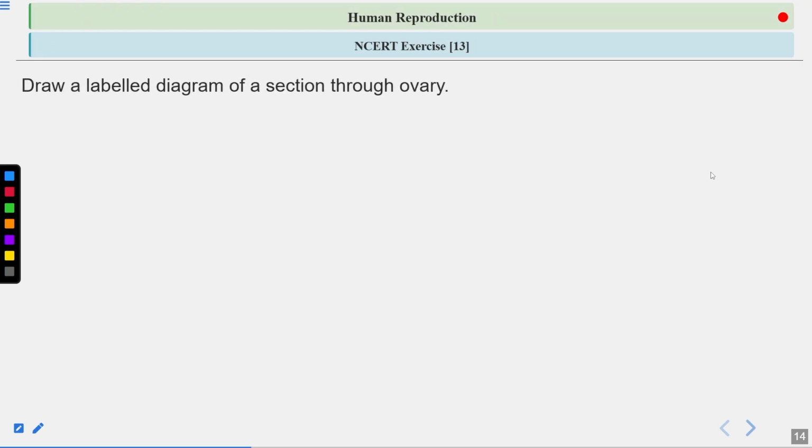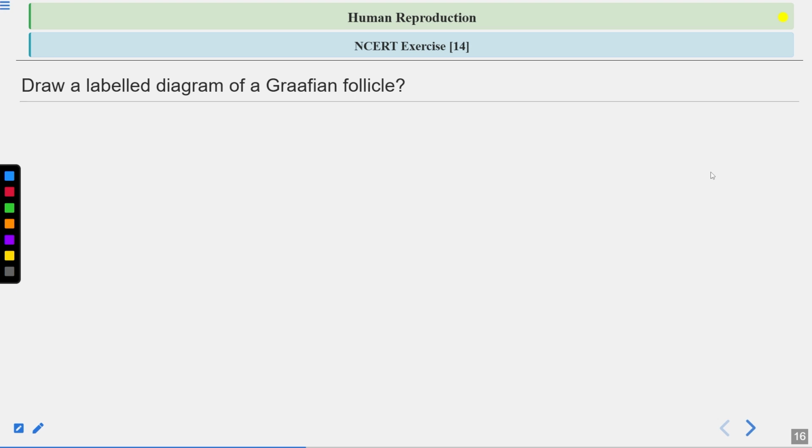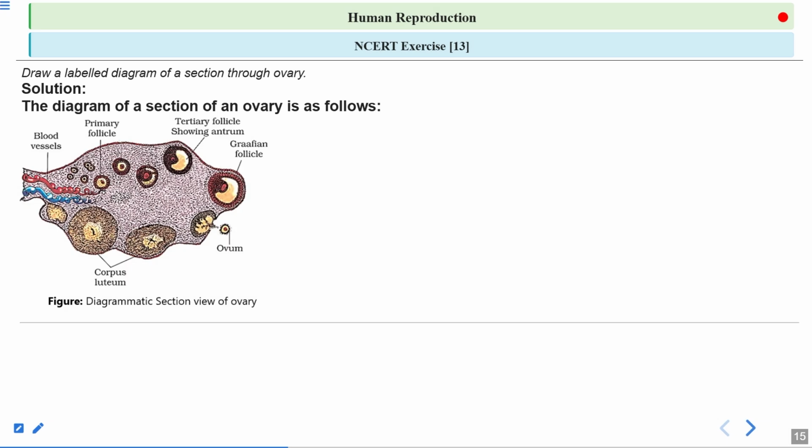Next question: draw a labeled diagram of a section through the ovary. Now the diagram of a section of the ovary is as follows. So this is the image of the ovary, a section of the ovary.